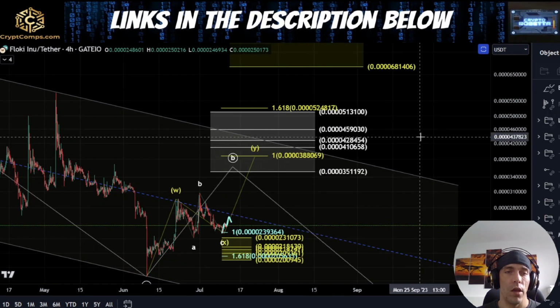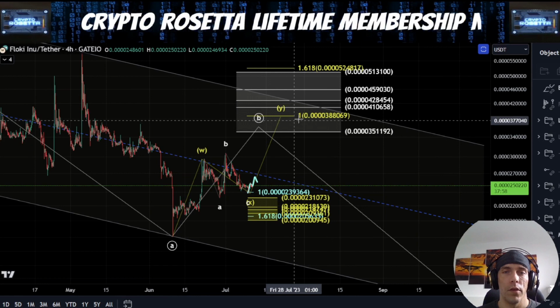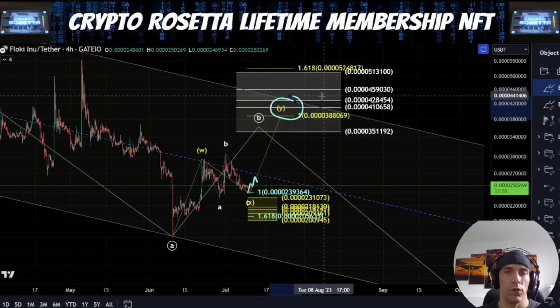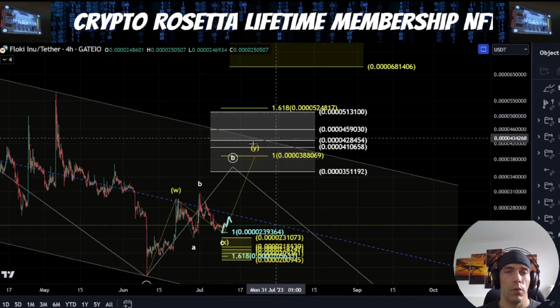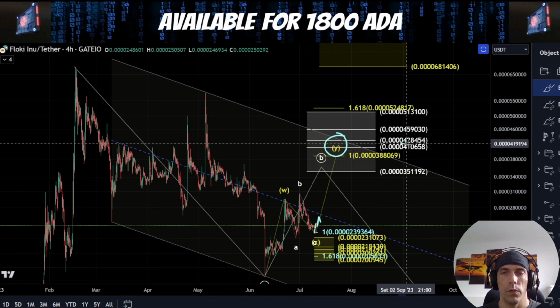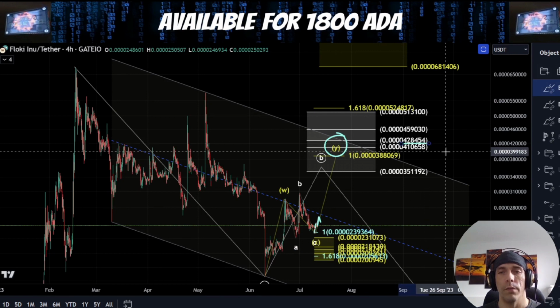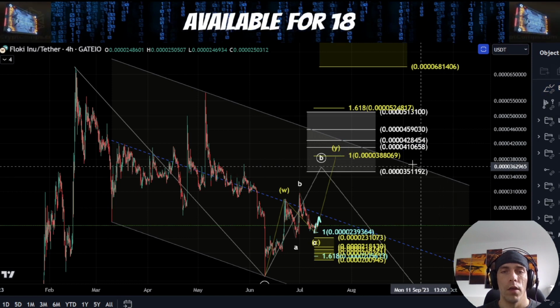So this is a big area here. Obviously there are certain points that have more confluence, particularly this Y wave moving towards this 1-to-1, this golden pocket area, the channel idea. So there would be quite a few levels within there, which would be interesting if we do move up towards this 428454 to this 410658 region. So that is possible.